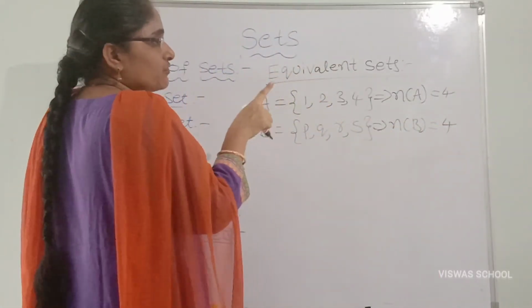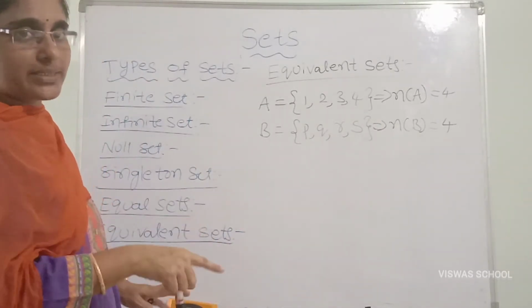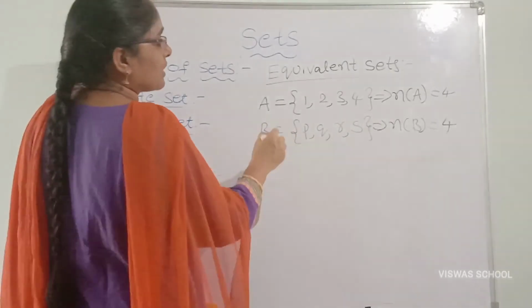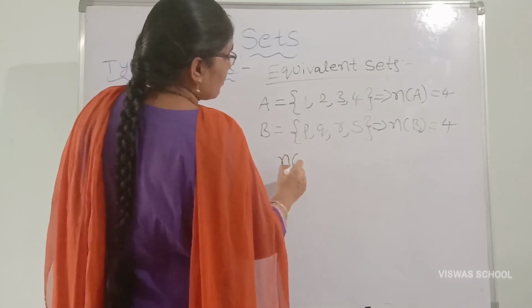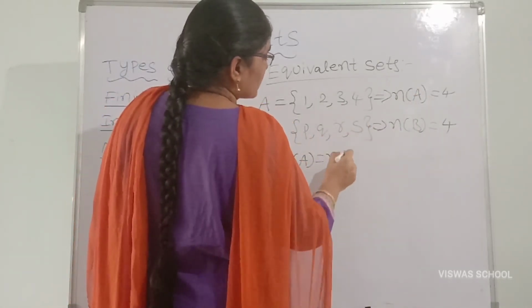If the number of elements are same, then we say that the two sets are equivalent sets. That is N of A equals 4 and N of B equals also 4.